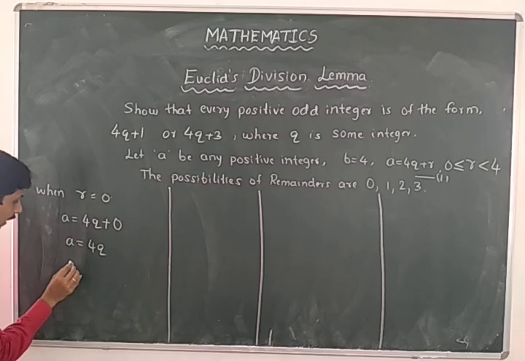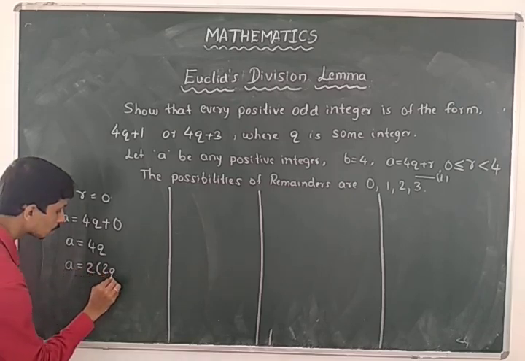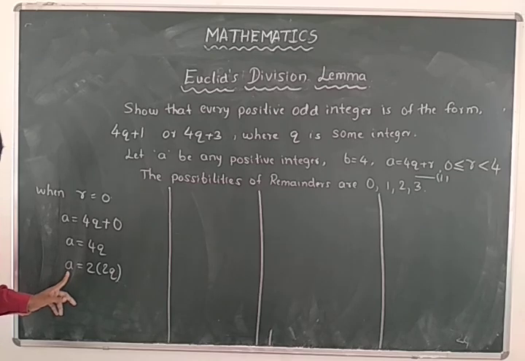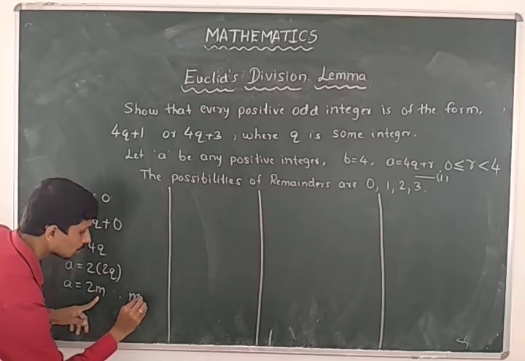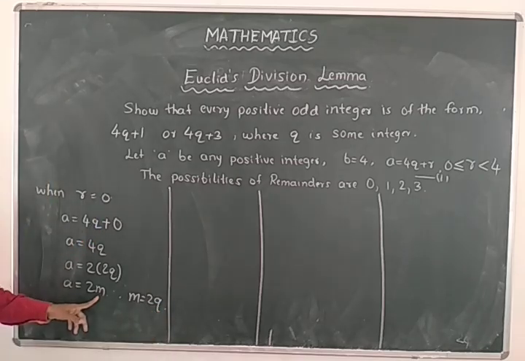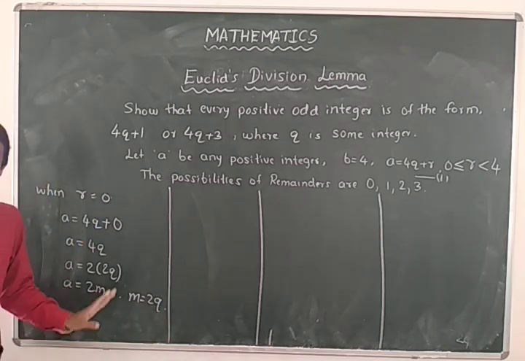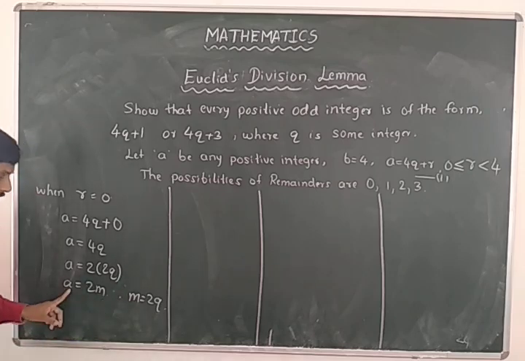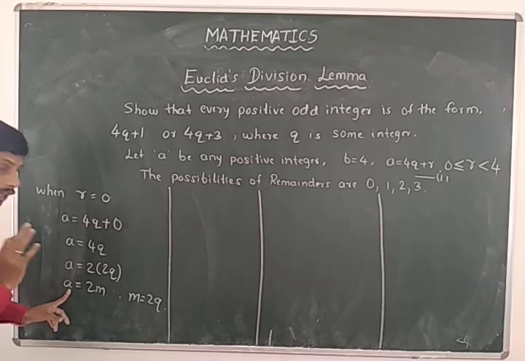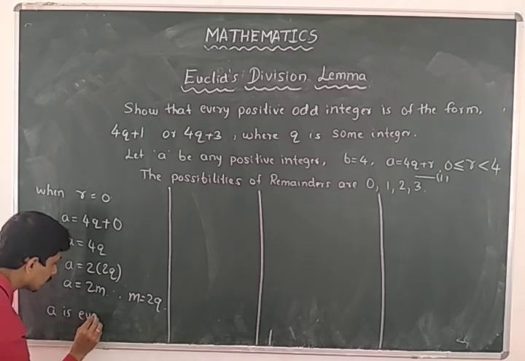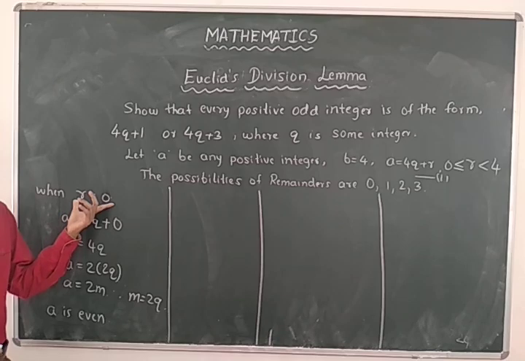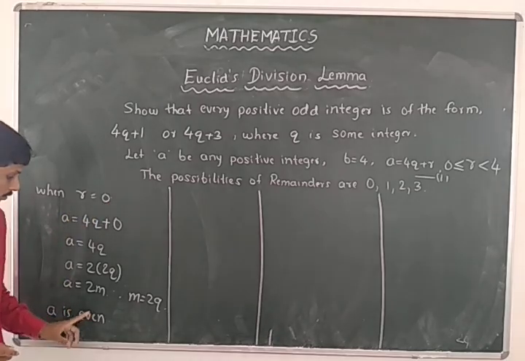It can also be written as a is equal to 2 into 2q, which I can write as 2m, because m is equal to 2q. That means a is completely divisible by 2. Therefore, according to the definition of even numbers, a is an even integer. So when r is equal to 0, a becomes even.